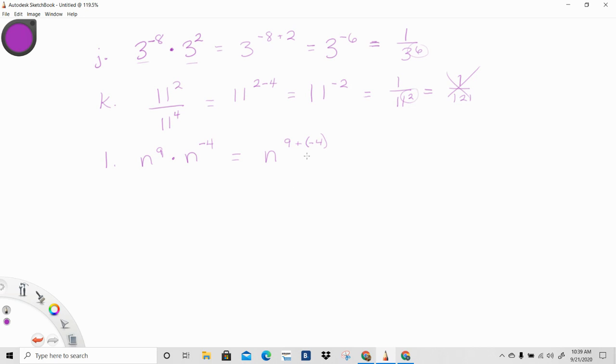This might seem a little tricky because we're adding our exponents, but when we actually go to do the math, we're adding a negative number, so it's the same as subtracting. So be careful with your negative signs and use parentheses, guys. That will help you make sure you're doing the correct operation, but still getting the right answer. So this becomes n to the 5th.